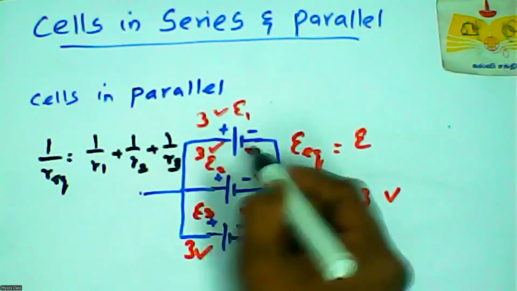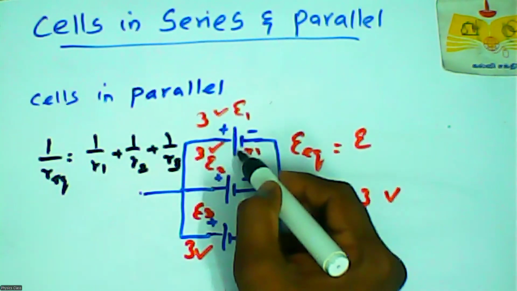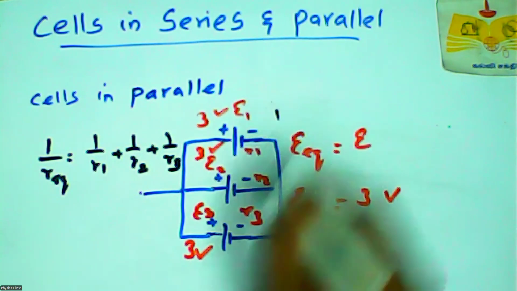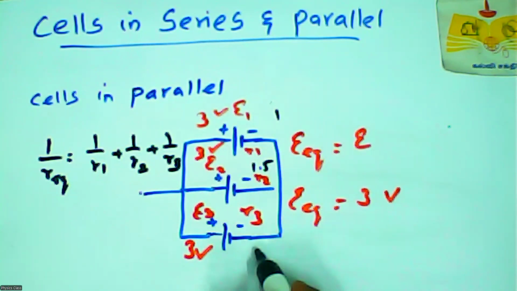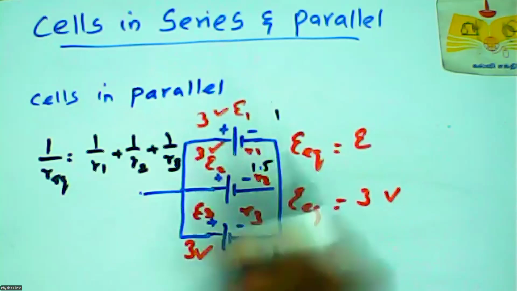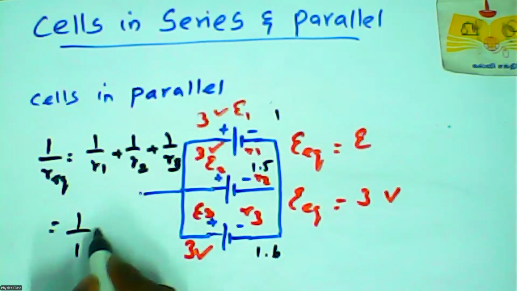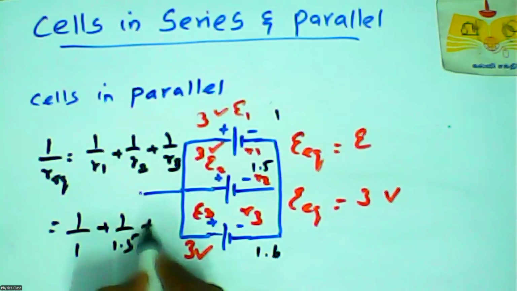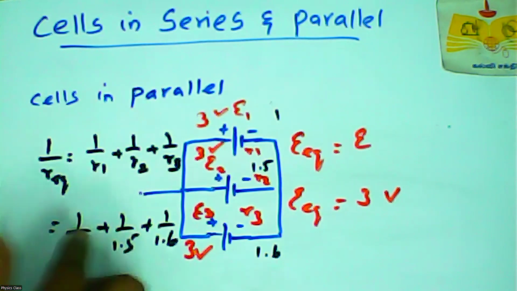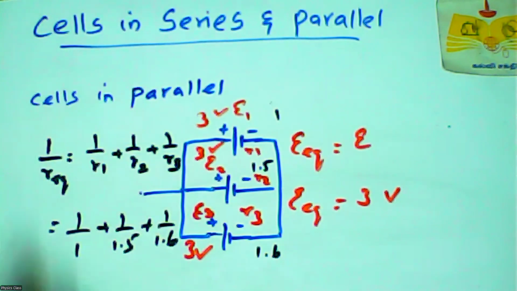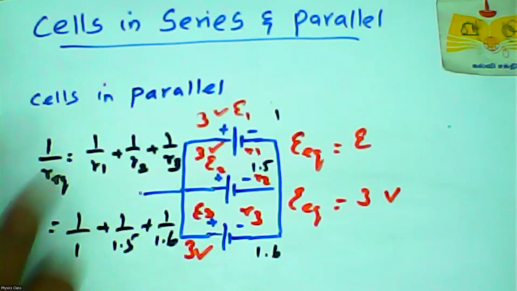For example, this cell has an internal resistance 1, this cell has an internal resistance 1.5, this cell has an internal resistance 1.6, for example. So we have to put it like that, 1.5, 1.6, and we have to take the LCM, and then take the reciprocal. So this is all for internal resistance. R equivalent, R means internal resistance.